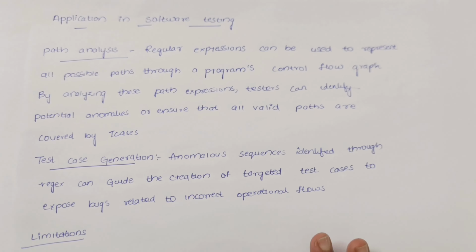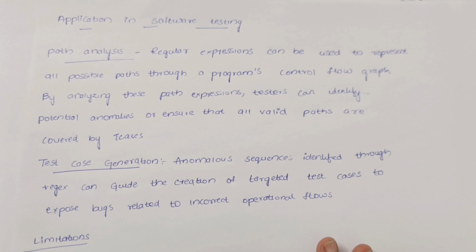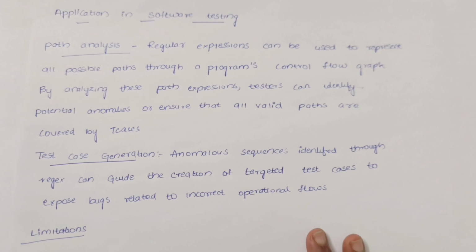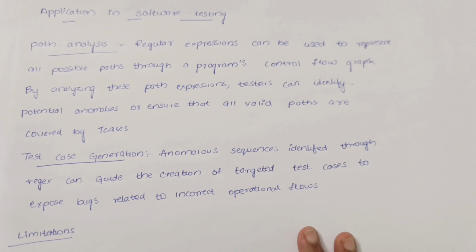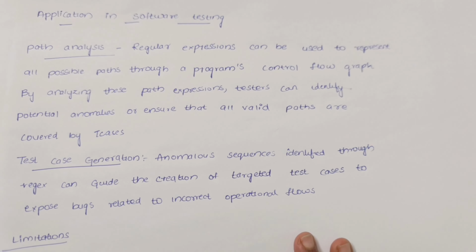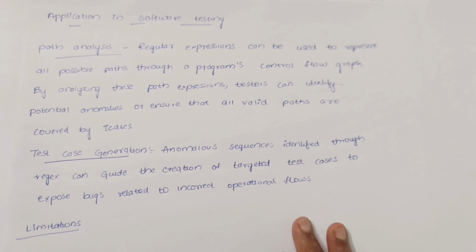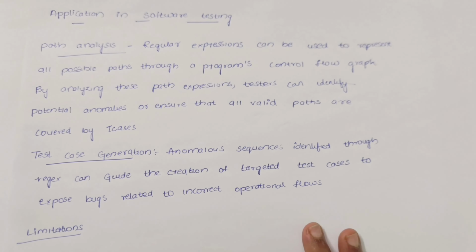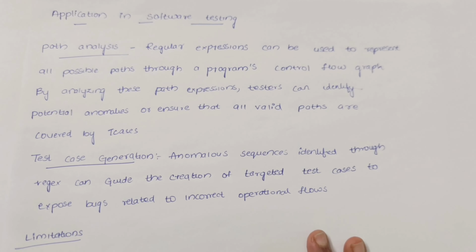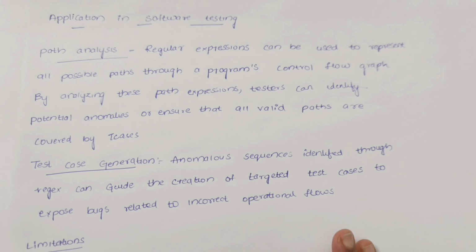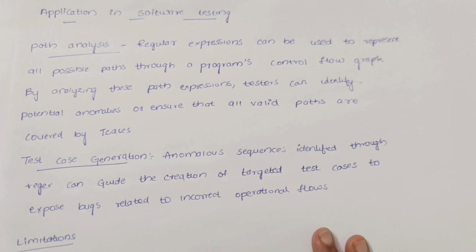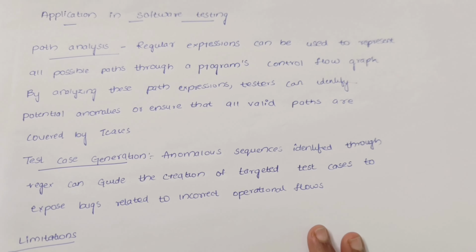In software testing, path analysis and test case generation. In path analysis, regular expressions can be used to represent all possible paths in the program, which can be represented by a control flow graph. By analyzing these path expressions, testers can identify potential anomalies and ensure that valid paths are covered by test cases.